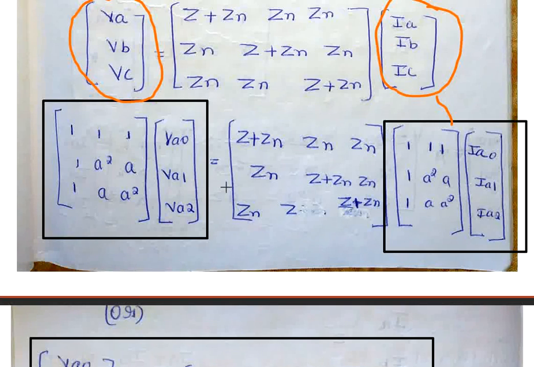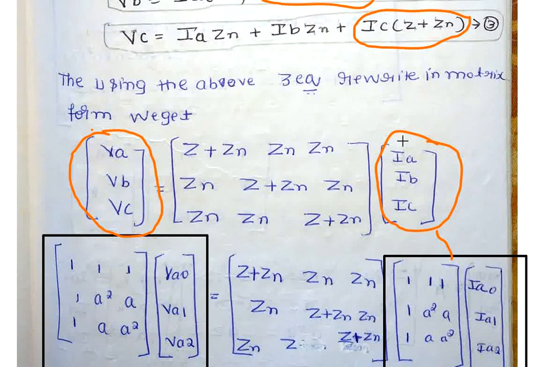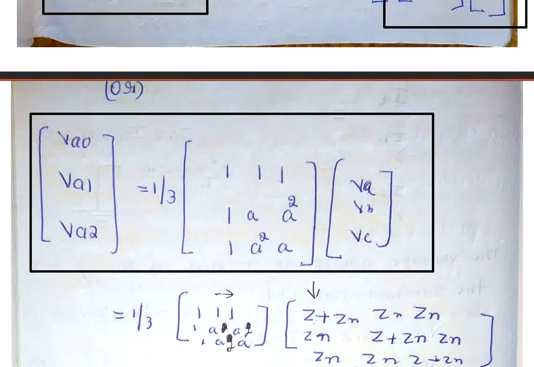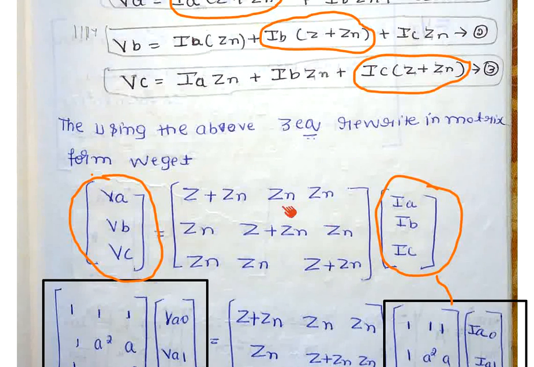This is your VABC. VABC is the matrix Z plus Zn, Zn, Zn and so on times the currents. So you substitute this value here, VA, VB, VC.